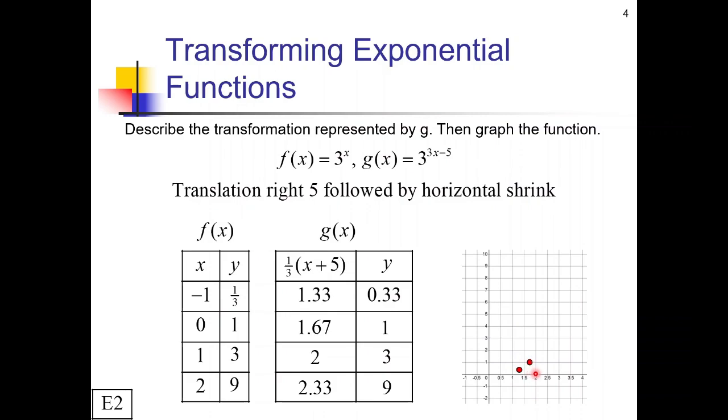And then we've got 2, comma 3. And then finally 2.3, comma 9 all the way up here. And because we didn't shift this vertically at all, the horizontal asymptote is still on the x-axis, so we don't need to redraw it. We'll just draw a function with that asymptote growing exponentially.